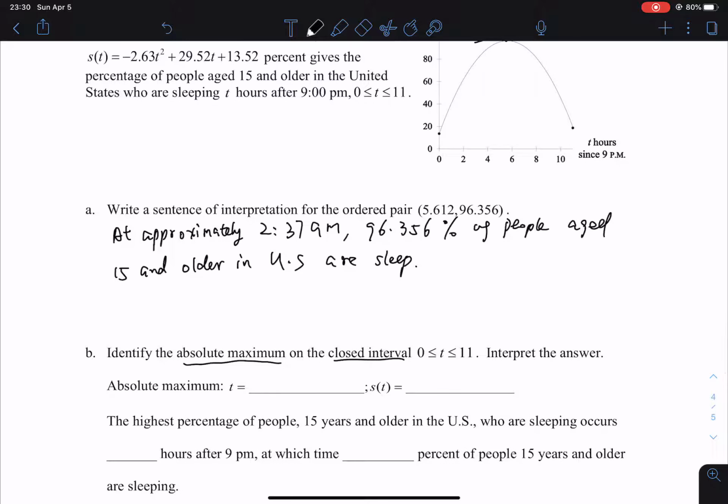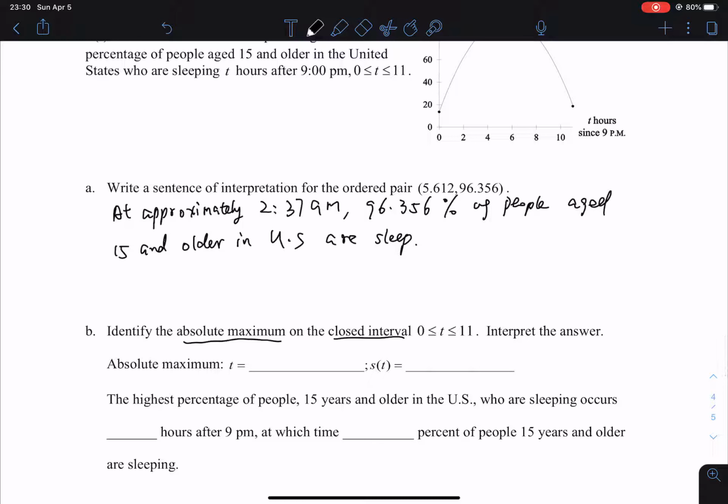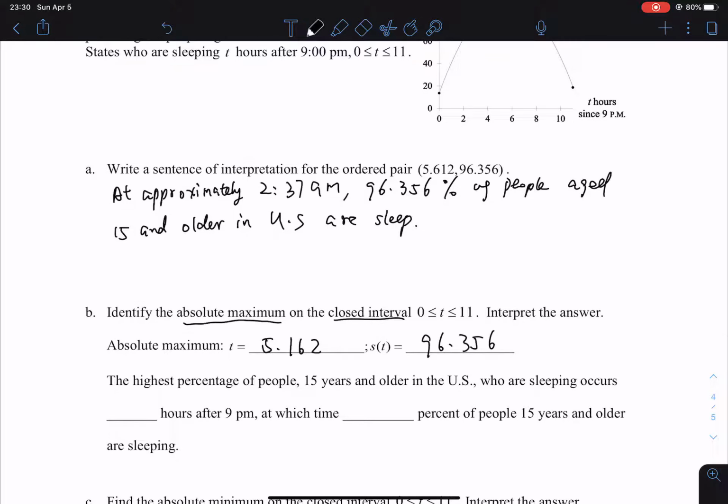Similarly, I just give you the answer. The absolute maximum is not tricky at all: 5.162. Make sure you can get the exact number, and the answer of T is 96.356. Again, make sure you know how to get these two numbers by using your calculator. The details are in the last section.